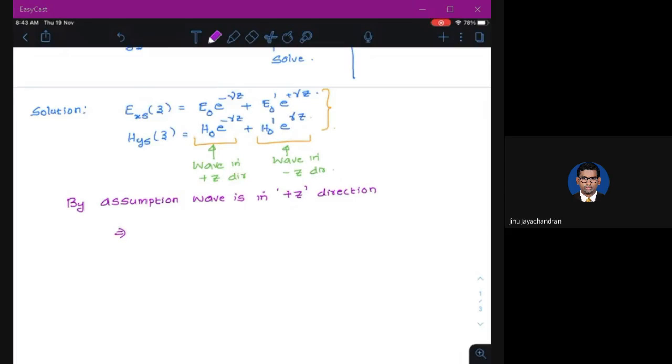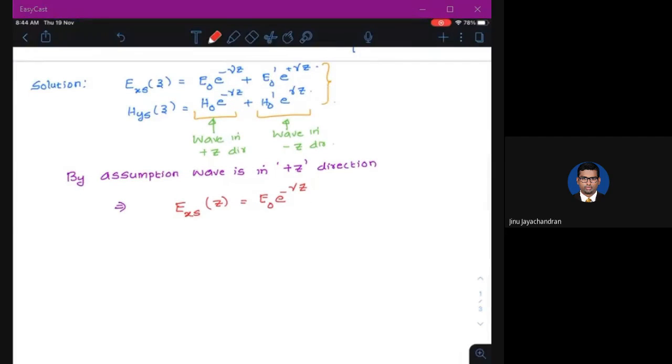Implies my solution to the wave equation is Exs(Z) = E0 e raised to minus gamma Z. We neglect or remove the term of the wave propagating in minus Z direction. Similarly, I can write Hys(Z) = H0 e raised to minus gamma Z. So this is the solution to our wave equation.